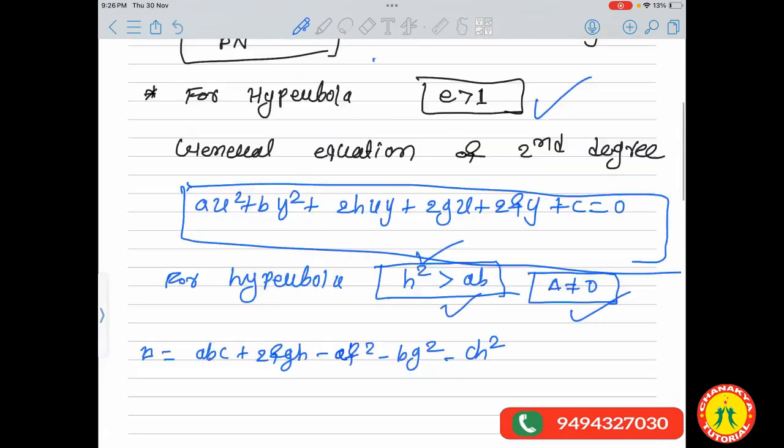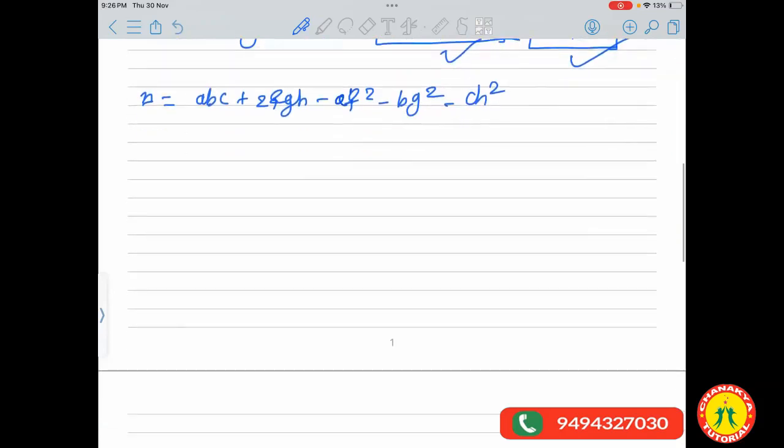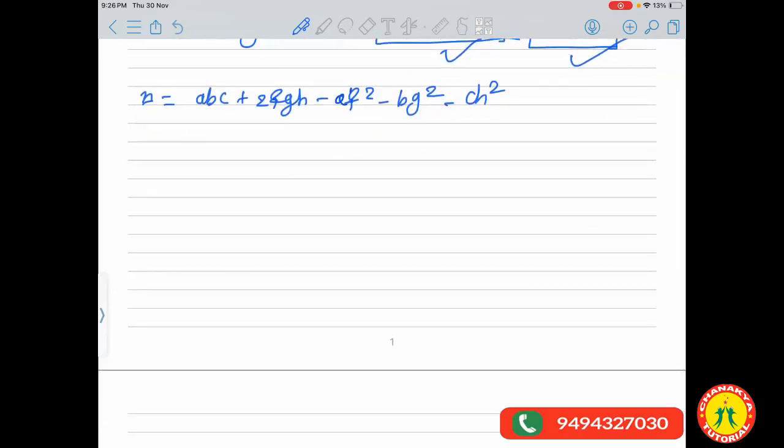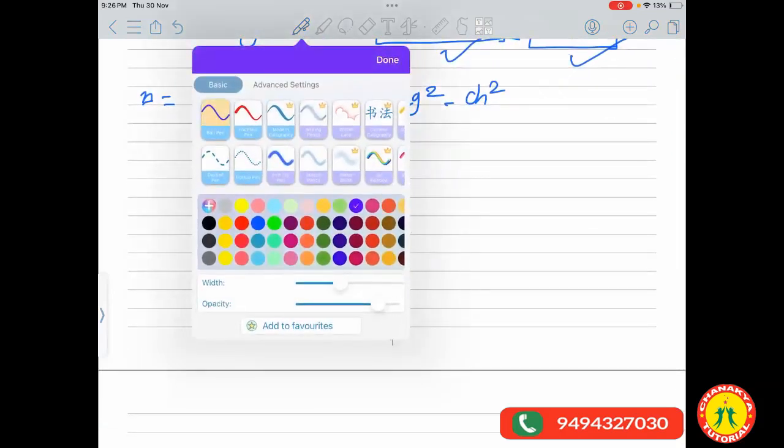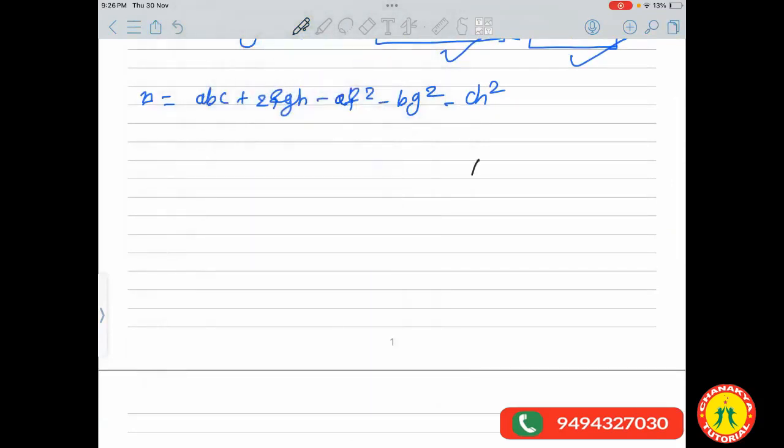So now see the diagram. Let P be a variable point (x, y).